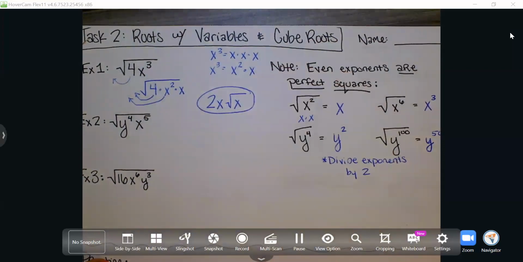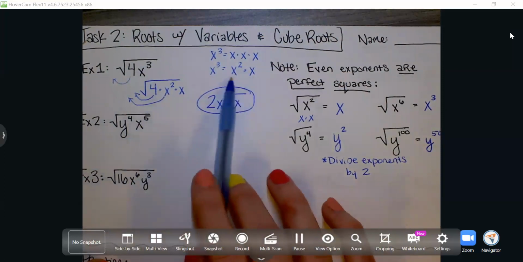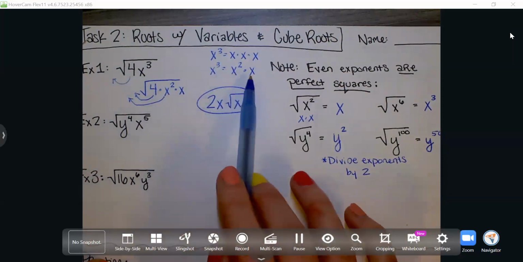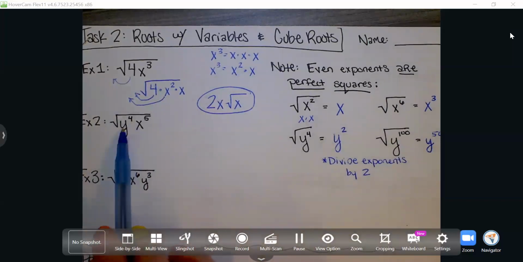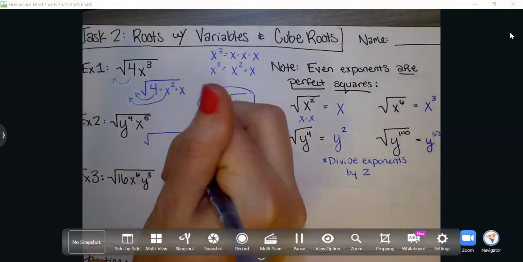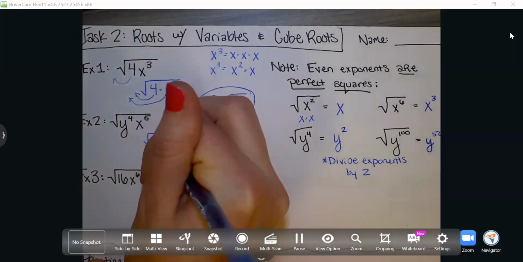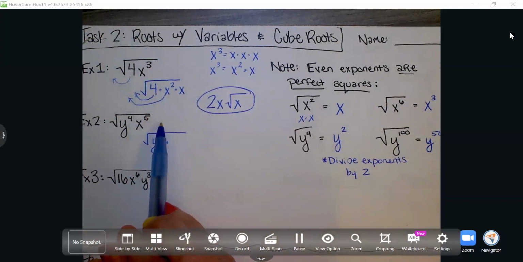So all of my variables, I'm going to break down into an even numbered variable and one left over. So y to the fourth is already an even numbered variable. X to the fifth is not. Let's keep y to the fourth as my perfect square, but x to the fifth, I'm going to break it down into an even variable and then one more.